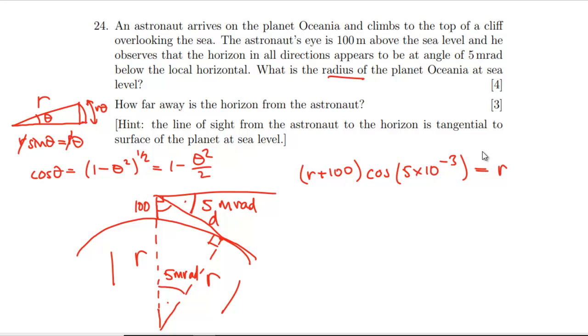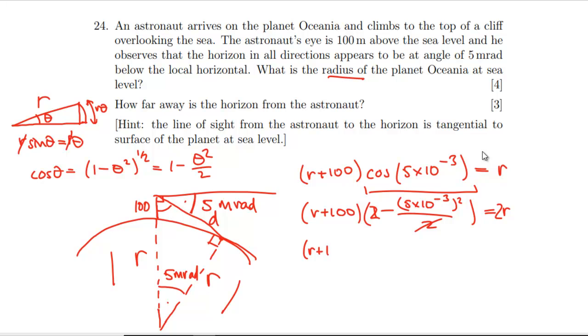Okay, so that rings a bell now that I've seen it. So that's what we've got here. We've got R plus 100 multiplied by 1 minus, so that's 5 times 10 to the minus 3, all squared over 2, is equal to R. Let's multiply through by 2 on all of this to get rid of that, put a 2 there and put a 2 there, and that makes this easier.